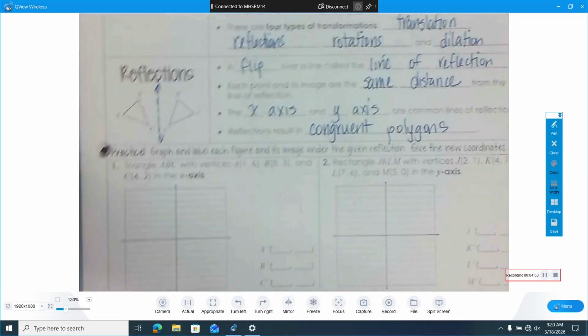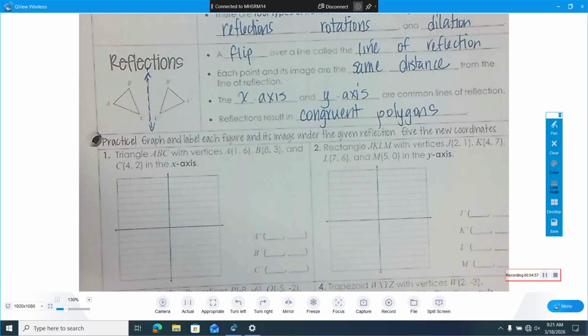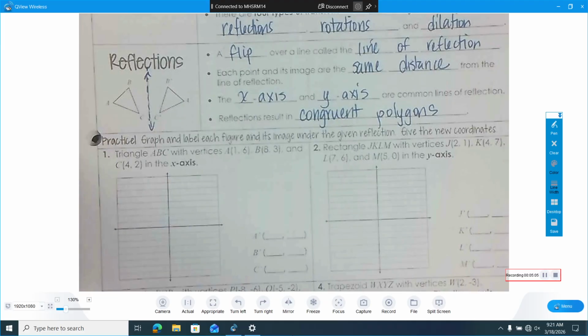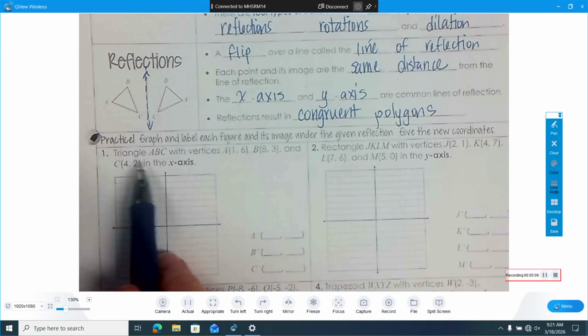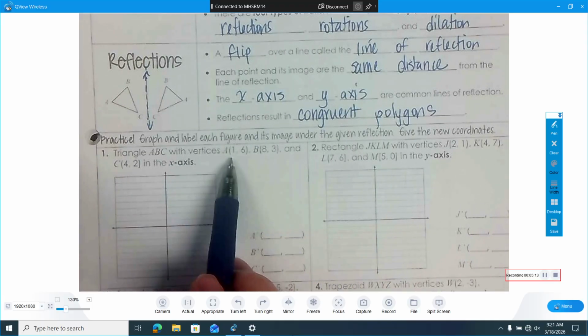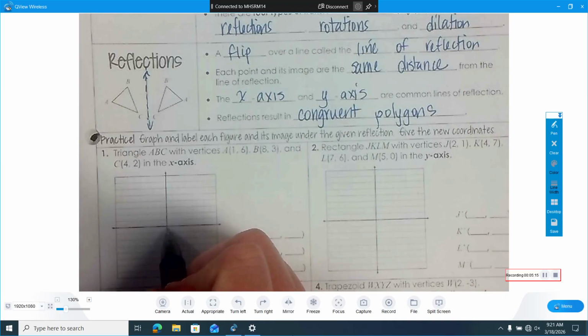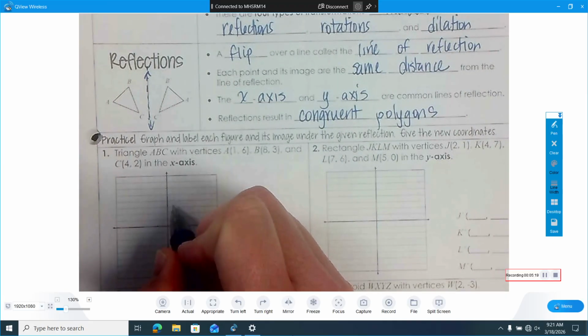Let's go ahead and try something here. Looking at number 1, we want to graph and label each figure and its image under the given reflections and give the new coordinates. So I'm going to use 2 colors today. You guys are going to graph exactly what you see. We're going to graph triangle ABC with vertices. A is (1, 6). So I'm going to go ahead and graph (1, 6). 1, 2, 3, 4, 5, 6.